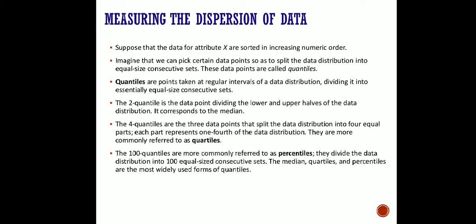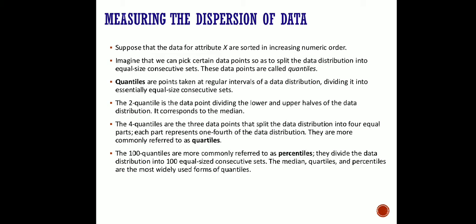Here, quantiles are points taken at regular intervals of a data distribution, dividing it into essentially equal size consecutive sets. Now let us say we are considering some regular intervals for distributing the data. So what will be the regular distribution actually?